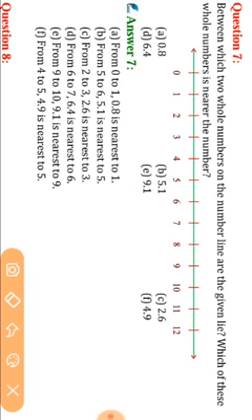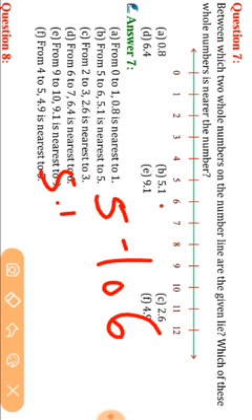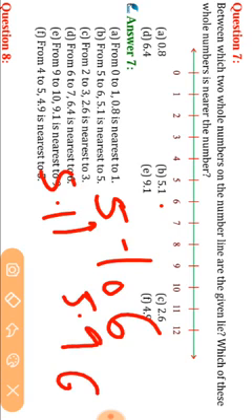Because 0.9 is after 10 only. So 1 only. So here 5, it is 5 to 6. So 5.1 is very near to 5. Why? Because 5.9 is near to 6.